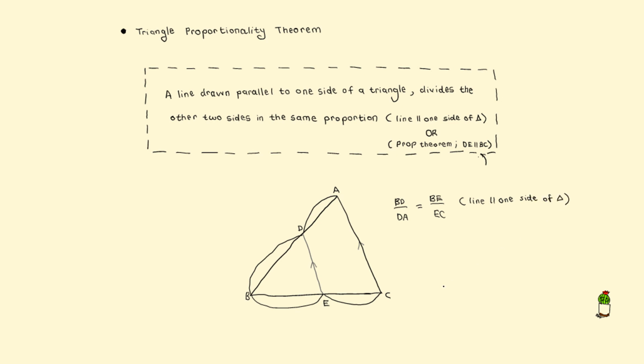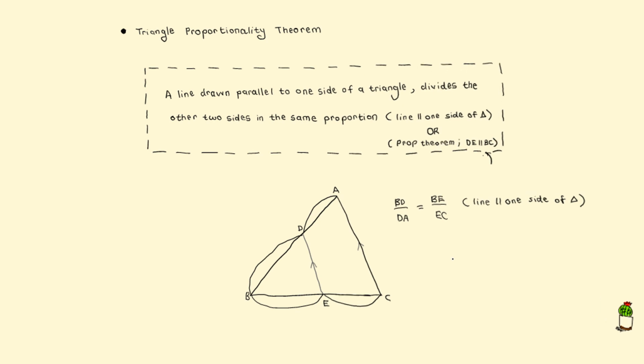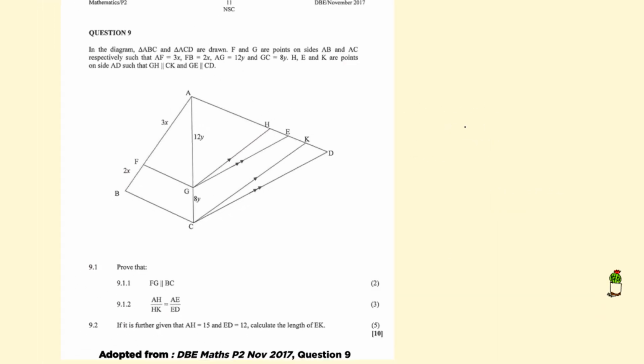So now let's go on to our first example so we can see how you actually apply this theorem. Question 9 from November 2017 states that in the diagram below you have triangle ABC and triangle ACD which is drawn. F and G are points on the sides AB and AC respectively, such that AF is equal to 3x, FB is equal to 2x, AG is equal to 12y, and GC is equal to 8y.